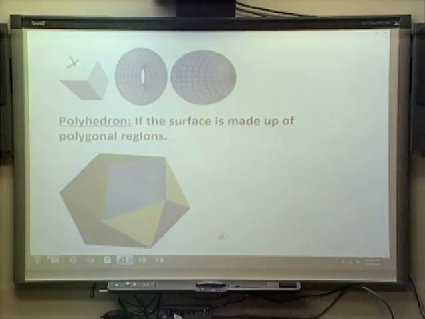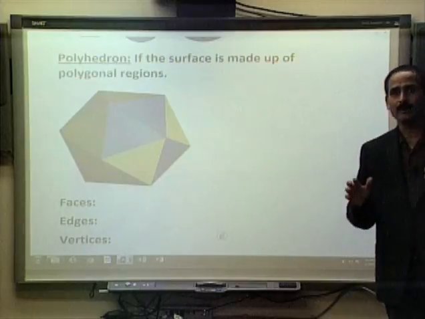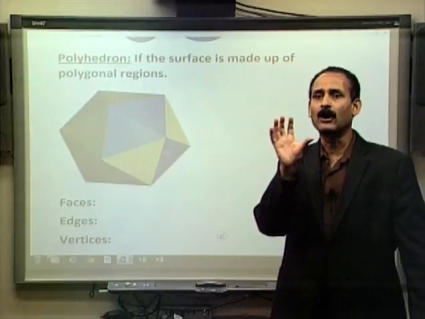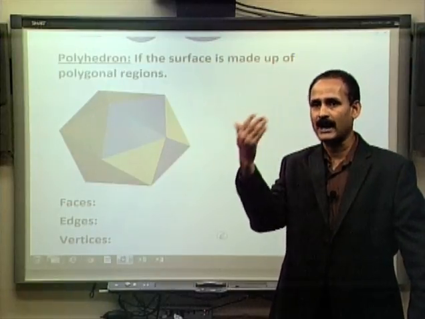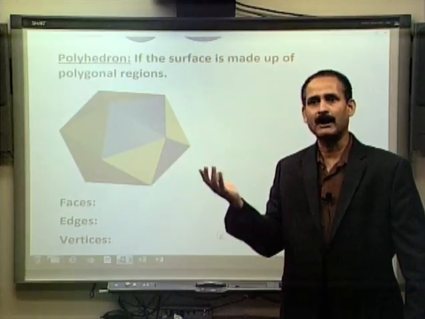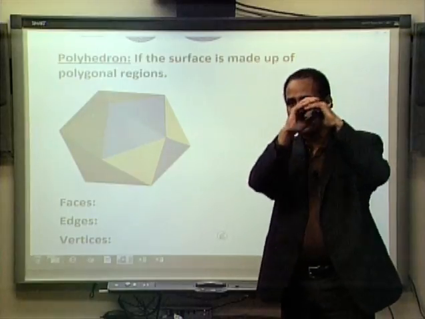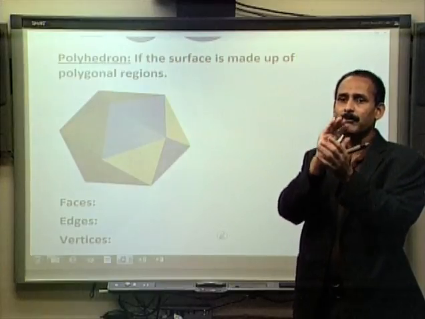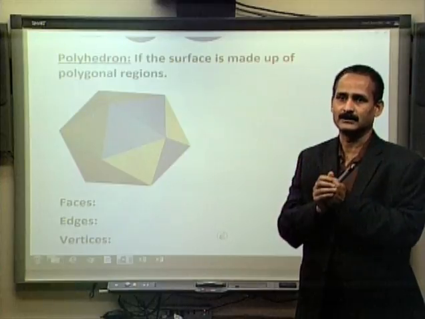Now, if the simple closed surface is made of polygonal regions, if the boundaries are polygons, and by polygons they could be triangles, squares, pentagons, hexagons, heptagons or what not, if the boundary of a closed surface is made of polygons, we call them polyhedrons.